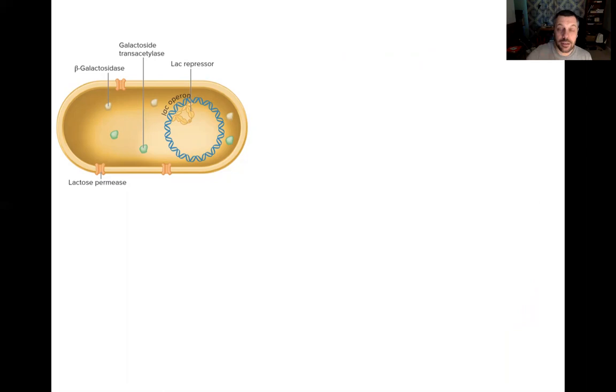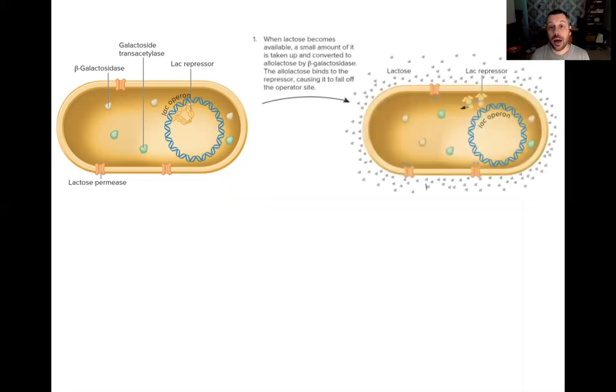As I said, the Lac repressor is bound to the Lac operon in this case, but occasionally some RNA polymerase will escape to make small amounts of the proteins, for example, galactoside transacetylase, lactose permease, and of course, beta-galactosidase.